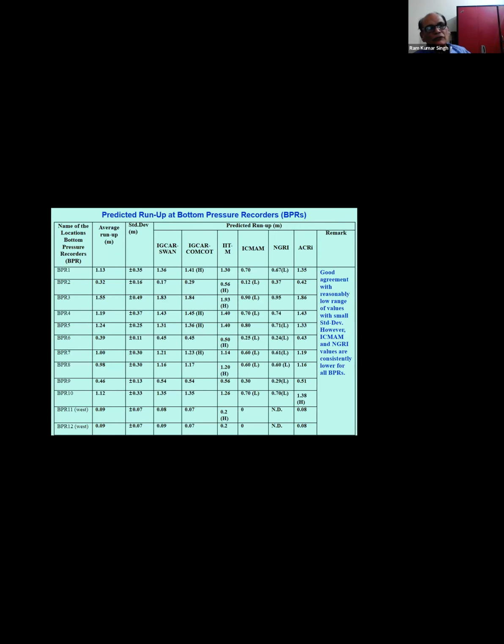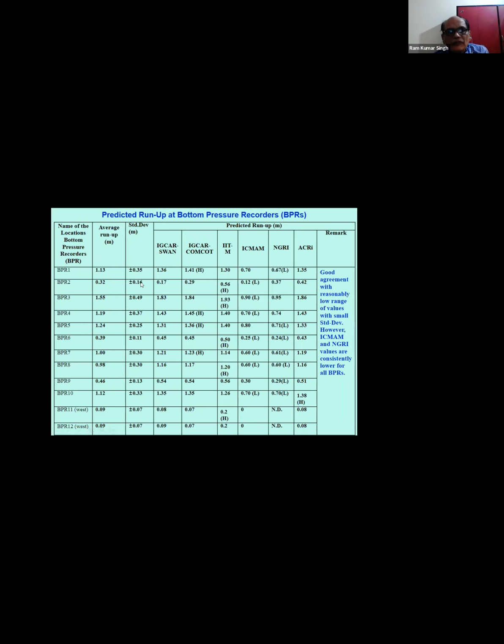Before going to that, I would like to show the comparison of the various codes at the bottom pressure recorder locations, because we had asked the participants to give the values of the run-up at different bottom pressure recorder locations, since they are being sensed by the national warning system.